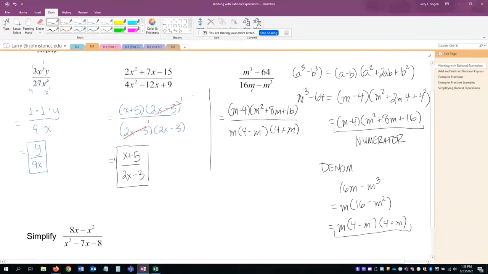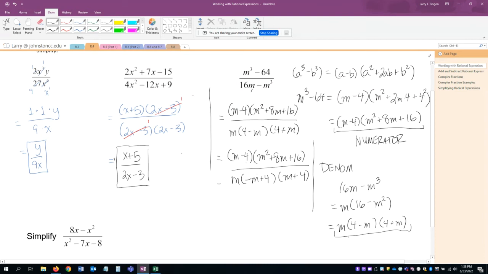So it looks like it, right? So let's write that denominator, let's get those in the order that we're seeing them. So m minus 4 times m squared plus 8m plus 16 divided by m times negative m plus 4 times m plus 4, and 4 plus m are the same thing because addition is commutative.